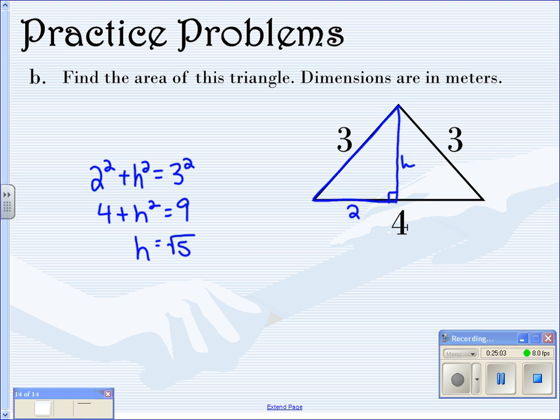If you had taken the square root of 5, you should get like 2 point something. 2.2 maybe. I don't really know.